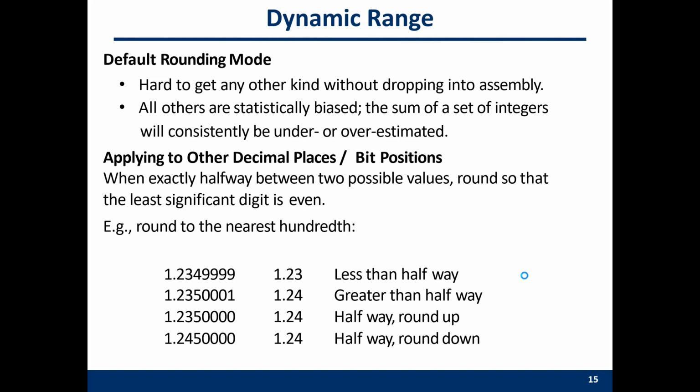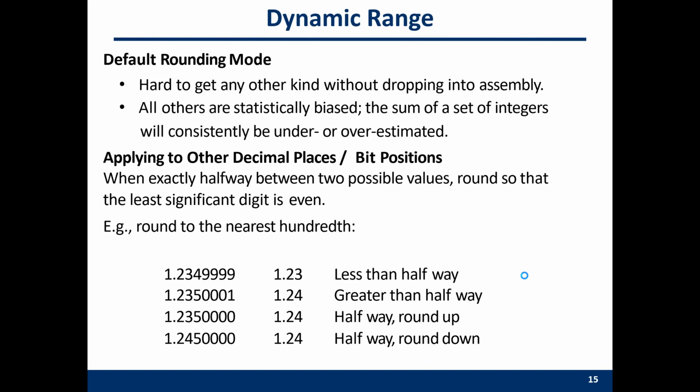So the last one, assume that you can only see a 3 digits value. Then the 4 digits. The first method is round to less than half.